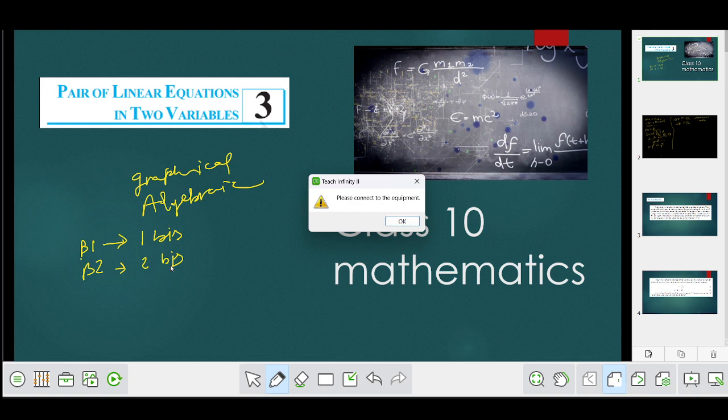This is very helpful, and we want to connect this chapter with famous mathematicians Aryabhatta and Ramanujam.